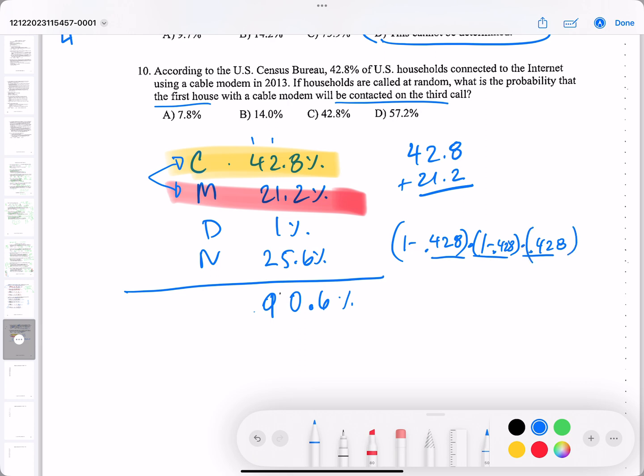We're going to multiply all of those, and when you multiply them, you actually get 14%. That's it. If there are any other questions, please let me know. Hope this helped.